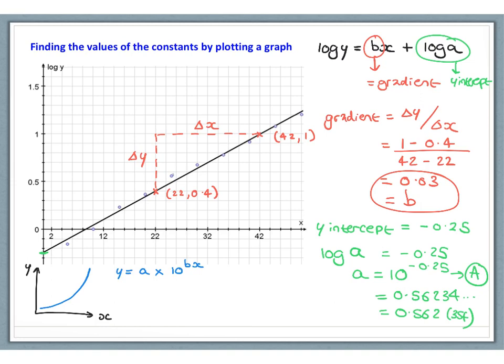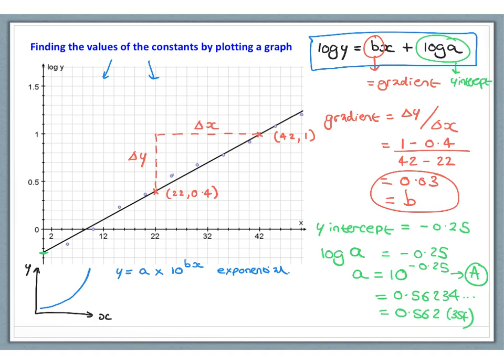We then converted this exponential equation into a linear format, and we plotted a graph of the linear data, so the log y versus x graph, which is this graph over here, and we found the gradient of this graph, which gave us the value of b as 0.03.